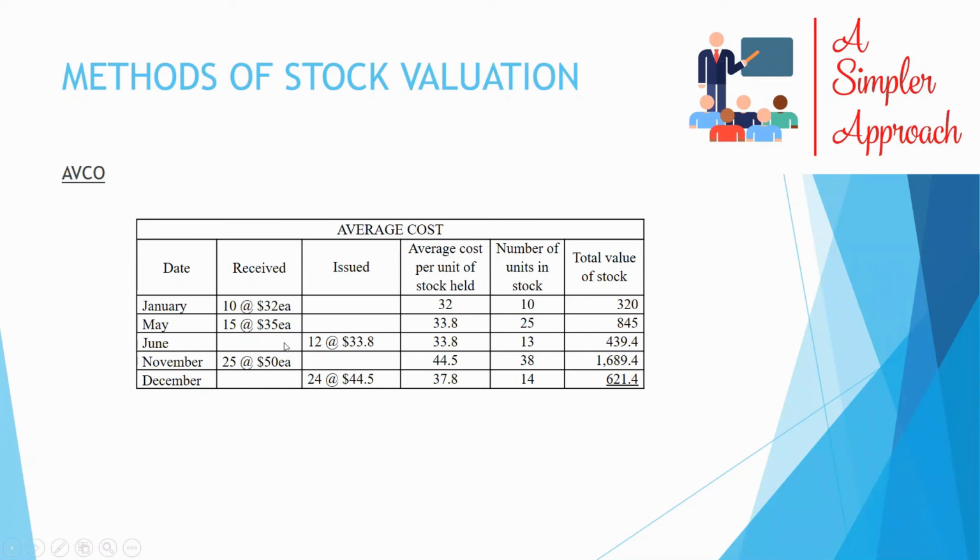So 12 items for sale in June, and we're going to sell them at the last calculated average cost, which is 33.8. 12 multiplied by 33.8, and you subtract that from 845 to get what you now have. Let's break that down. 12 multiplied by 33.8 gives us 405.6.